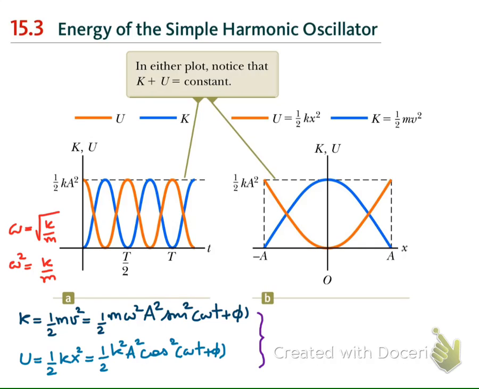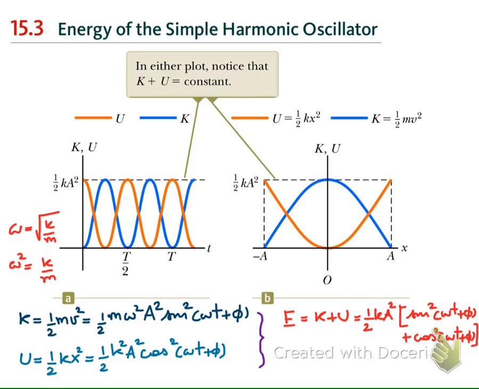If we substitute this relation into the expression of the kinetic energy, and then sum up the kinetic energy and the potential energy to get the total energy of the system, we must have that E is equal to K plus U, which equals 1/2 of k A squared times sine squared of omega t plus phi plus cosine squared of omega t plus phi.